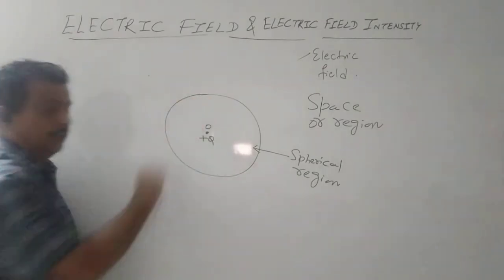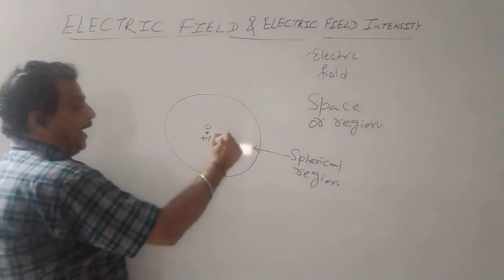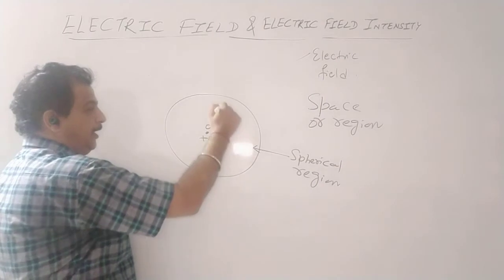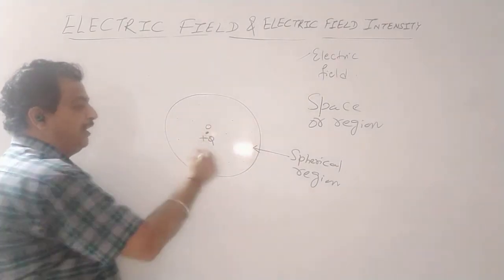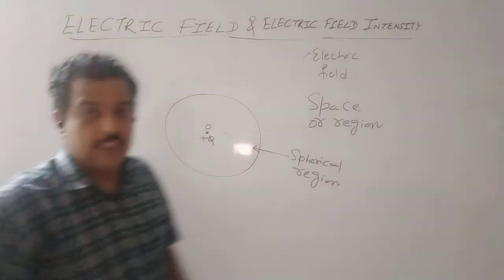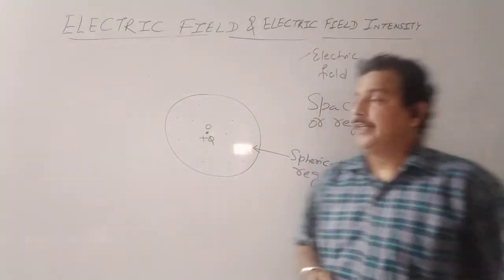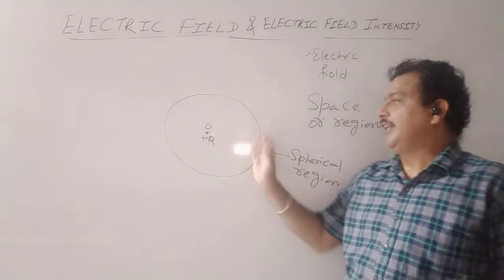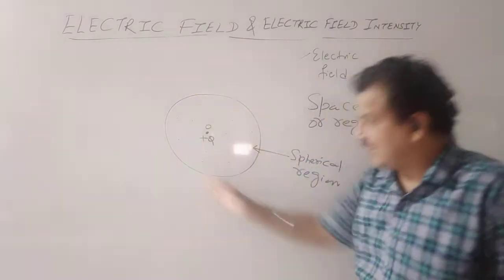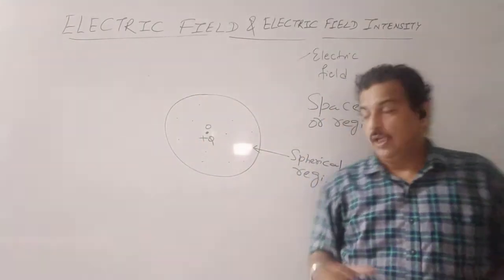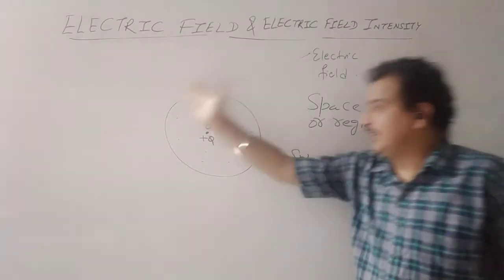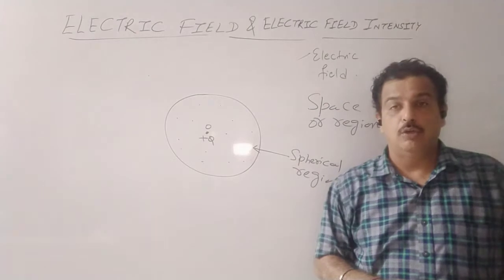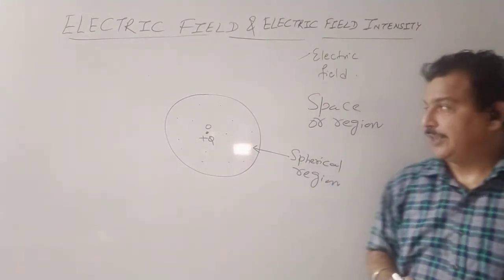Iska ilaka. Now if I keep any charge in this space, it will have a force of interaction, meaning either attraction or repulsion. If I place a negative charge anywhere inside this region, it will have a force of attraction. If I keep any positive charge in this region, it will have a force of repulsion.